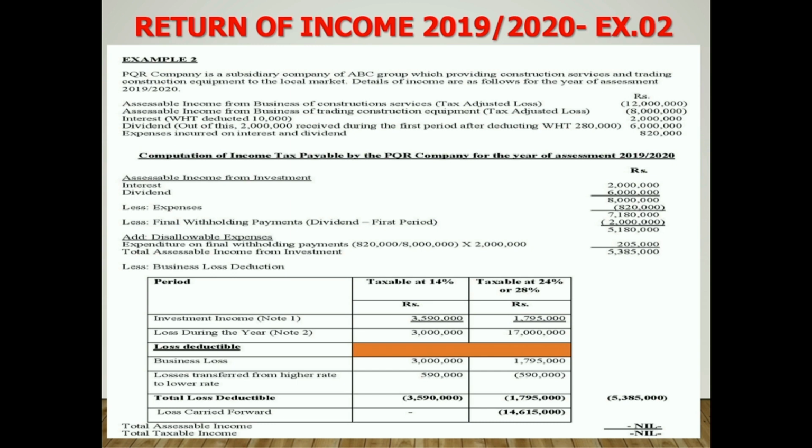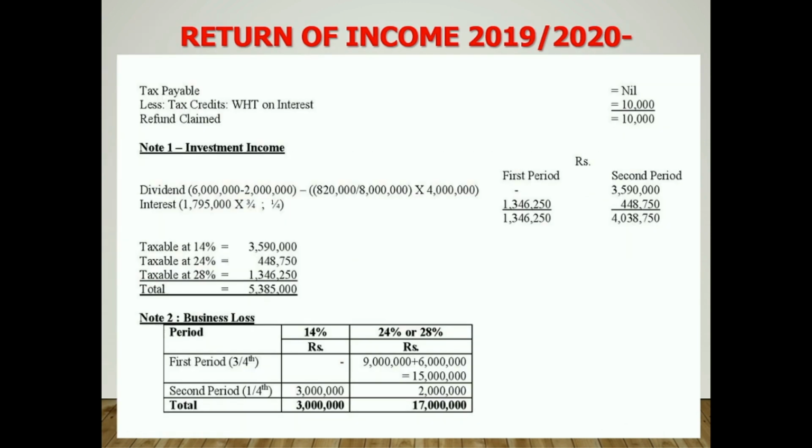However, I am still having business losses to carry forward to the next year of assessment, that is 14,615,000. Since I am not having a taxable income for this year of assessment, the tax paid at source as non-final withholding tax credit I can claim as a refund.